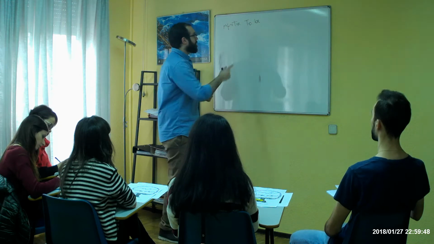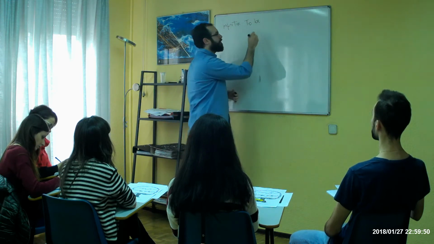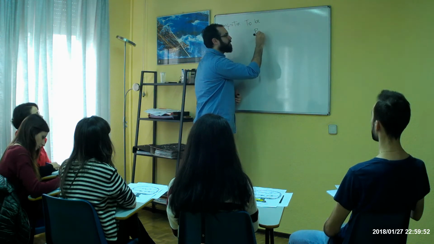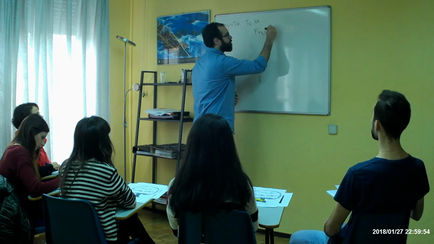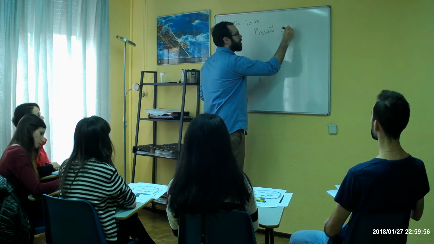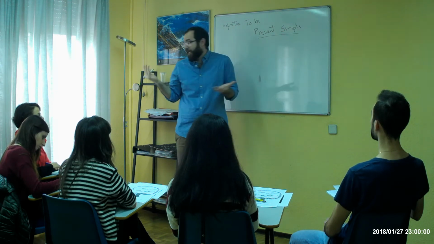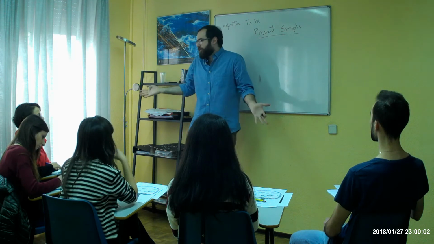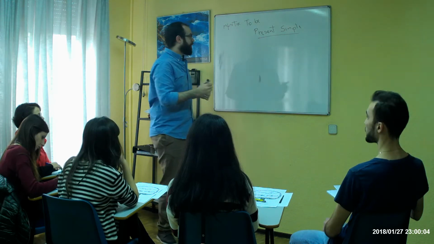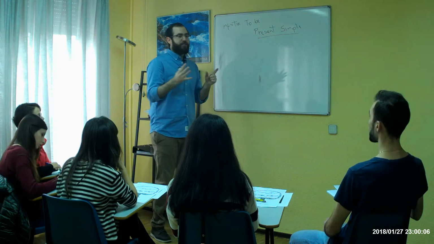Now, let's conjugate using the present simple. The present simple is a time, okay? That is the present. Simple present. So, we have three different persons.